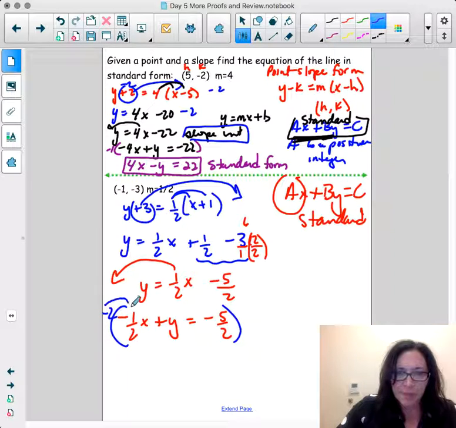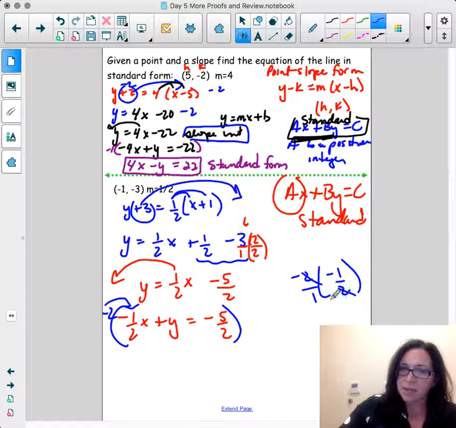And when I multiply this by negative 2, see negative 2 times negative 1/2, this is over 1. The 2's are going to cancel, negatives are going to cancel, and it's 1. So I have 1x. But keep in mind, see this negative 2? That also gets multiplied by this and that. So negative 2 times y is just negative 2y.